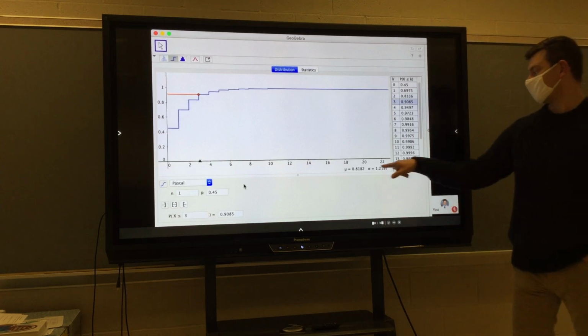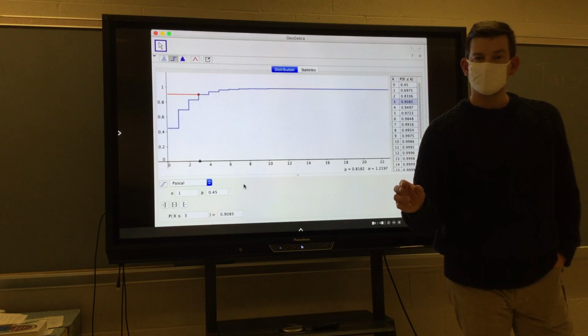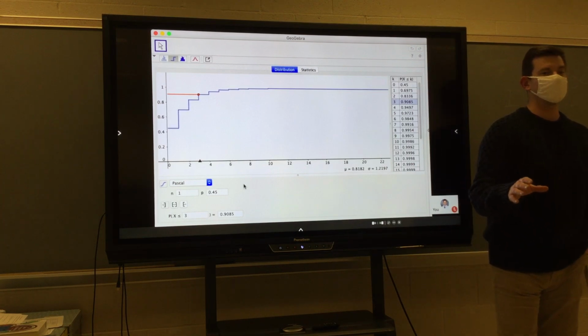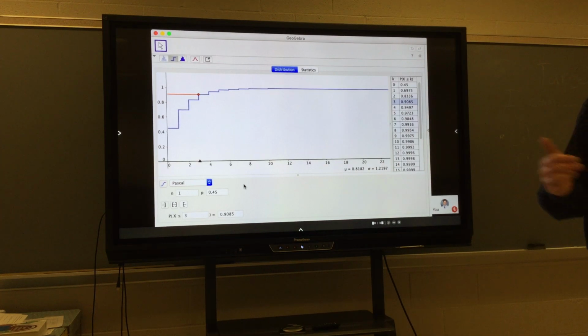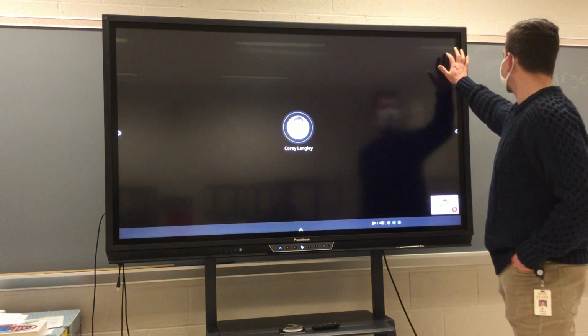Bad news is these are not the numbers that we need. Good news is the mean that we are finding is really easy to find with the equation. And so let me shift back over there unless anybody has any questions about using GeoGebra. All right. Flipping back.